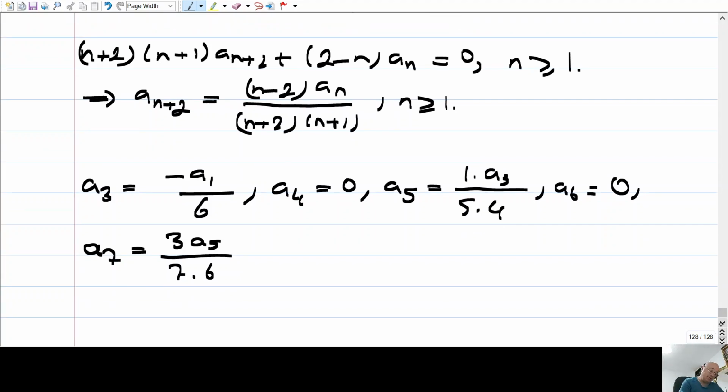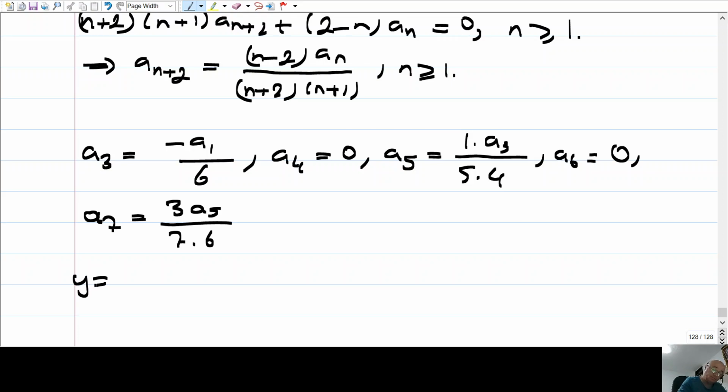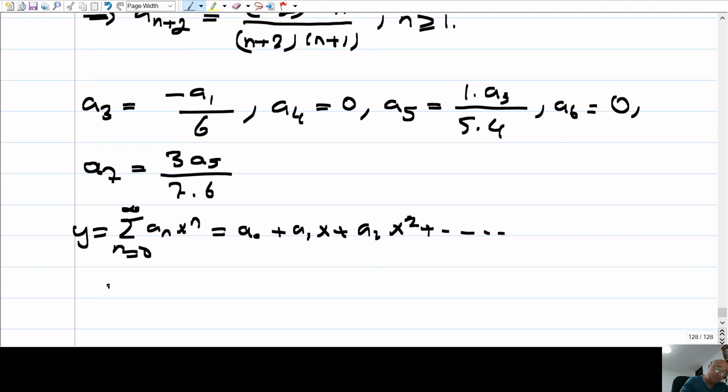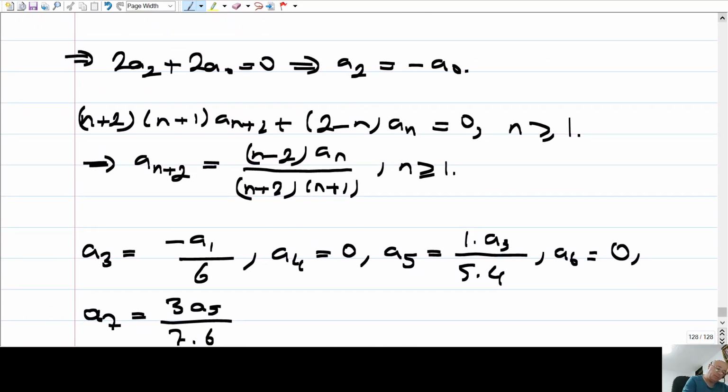Alright, so let's write down the solution then. It's the power series a_n times x to the power n. So it is a0 plus a1x plus a2x squared, and so on. Let's see what we get. a0, a1x, and then a2. a2 is equal to minus a0.